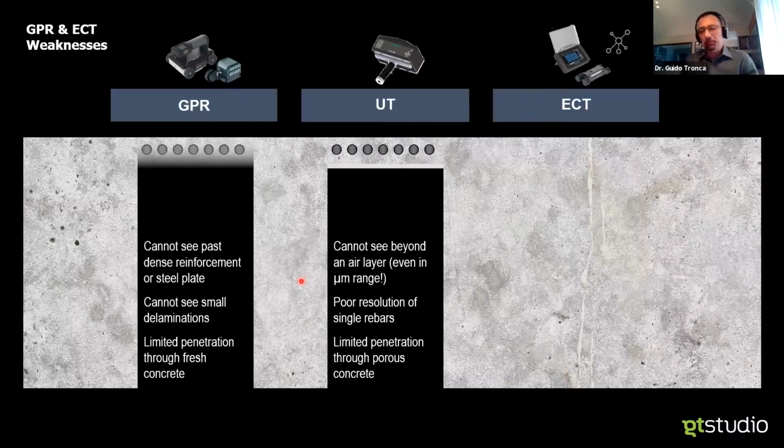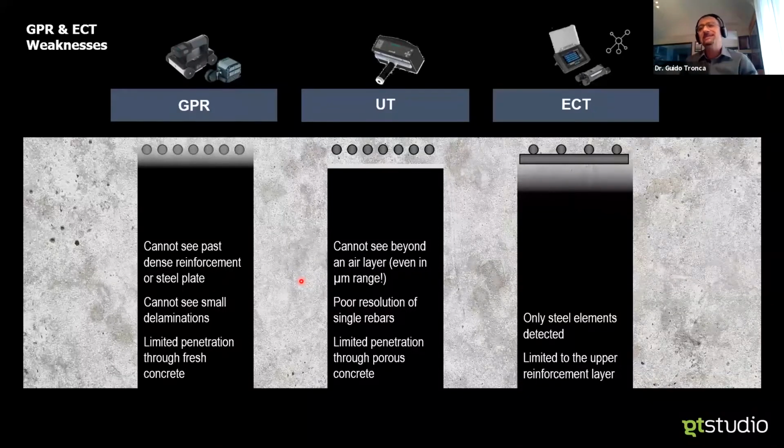It will not be the most accurate for measuring single rebars, and it will suffer depth limitations when dealing with porous materials. If I see air and I'm traveling among a bunch of air, then there is not much room to go. Eddy current is basically limited in depth.